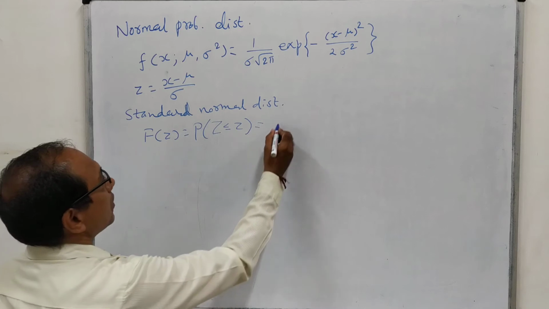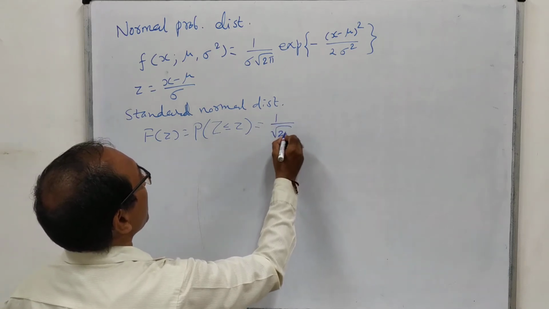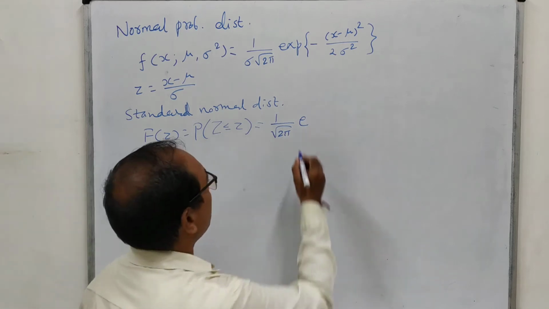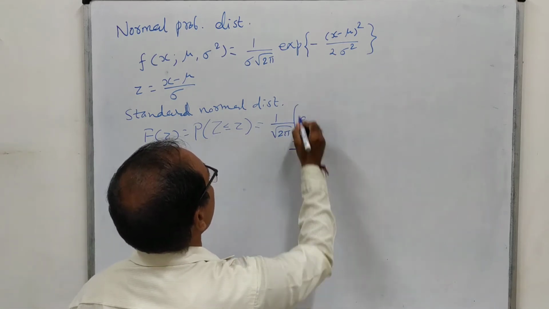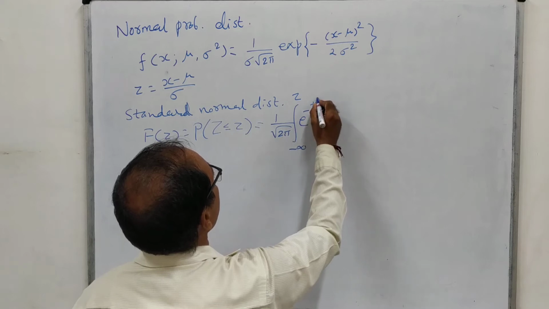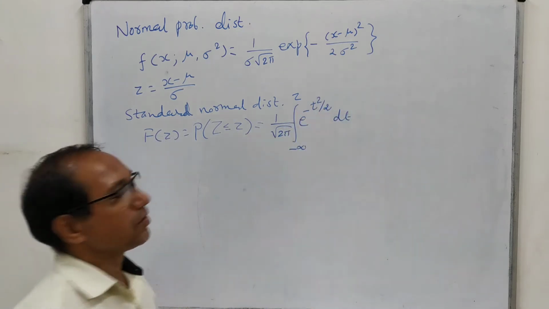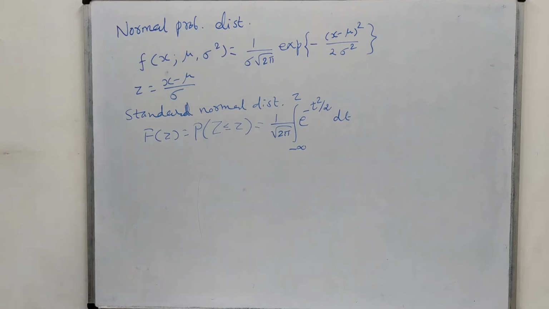It is 1 upon root 2 pi, e raised to minus t square by 2, integrated from minus infinity to z, dt. Here instead of t you can use any variable, but we are using t.